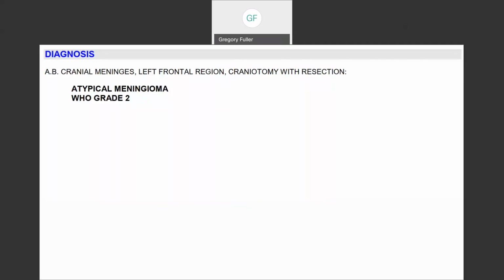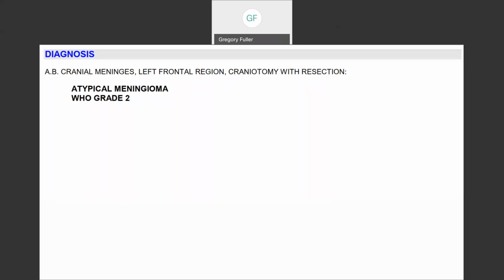Any of the 9 WHO grade 1 histologic subtypes can be bumped up to a grade 2, maybe even a 3, but to a grade 2 based on these other features. Everybody got it? What it means is be careful, be diligent, spend the time.